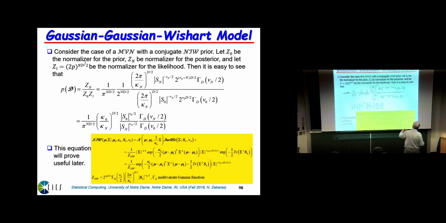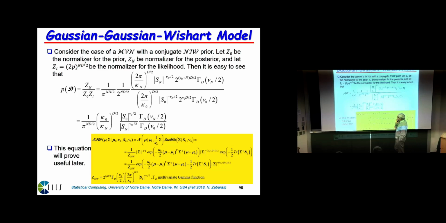And just again, to show you, if the likelihood is Gaussian and the prior for the mean and the covariance or precision is a Gaussian-Wishart model, then using this formula and plugging in the normalization factors, you get this wonderful formula for the evidence.